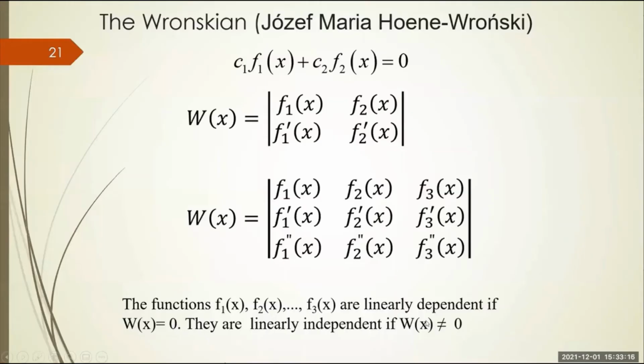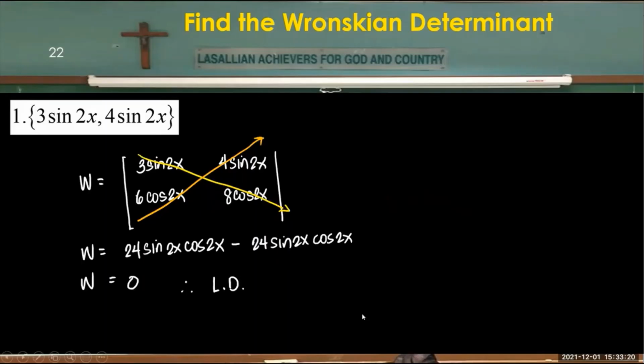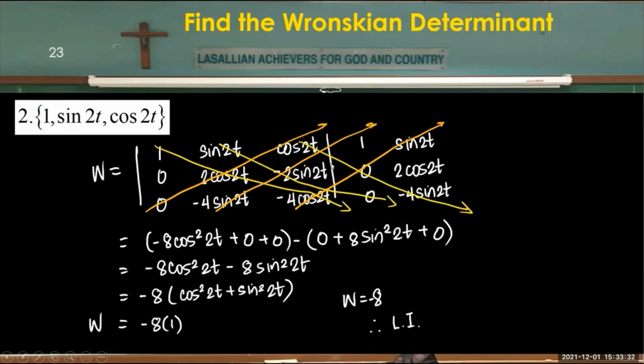Again, going to the definition, when the Wronskian is non-zero, linearly independent. So there are two ways of solving for dependence: either you assign the letter C's, or you solve using the Wronskian determinant. With me, I like the matrices better, so I usually do this.